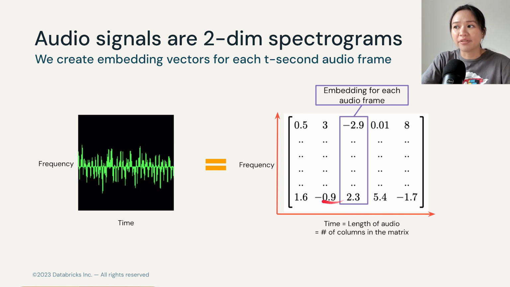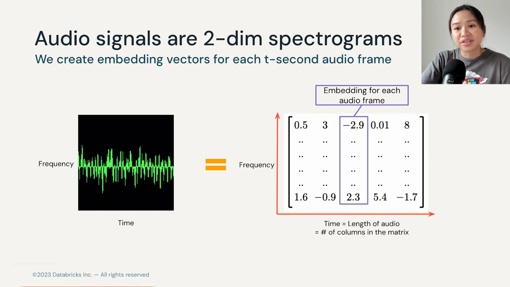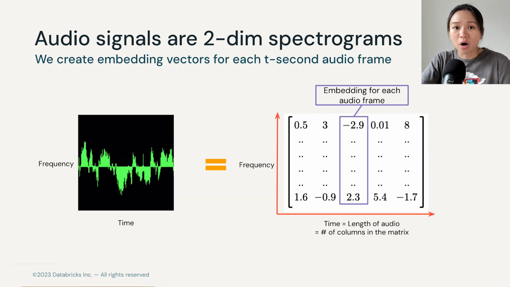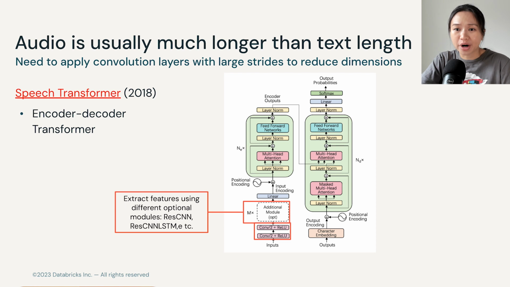So this could be every 3 seconds, every 6 seconds, every 1 minute, and so on. Since now we can simply represent audio as a sequence, therefore an embedding vector, we can also leverage the transformer architecture. But what you will find is that audio usually is much longer than text length.